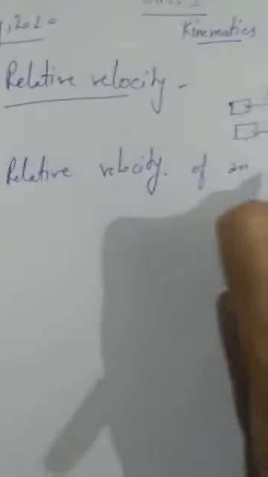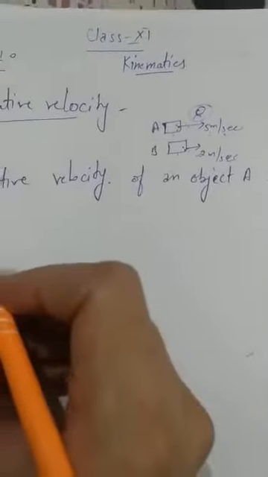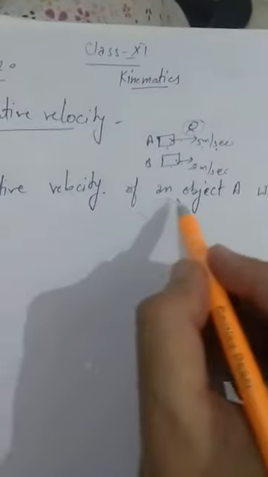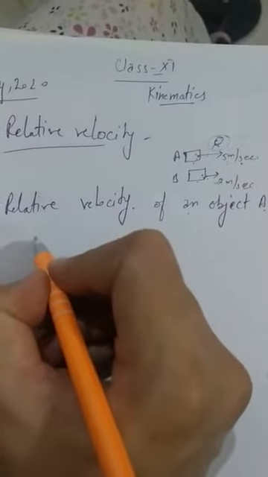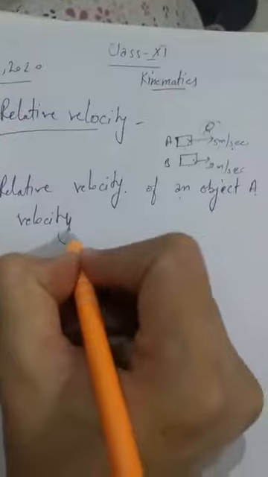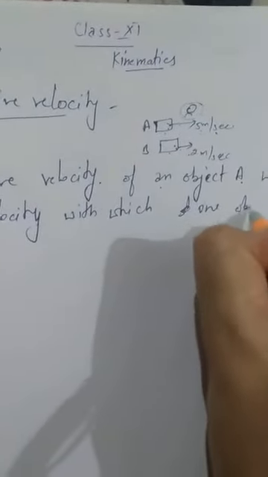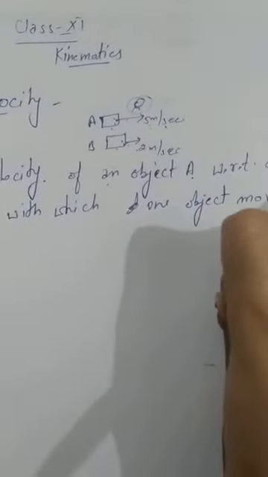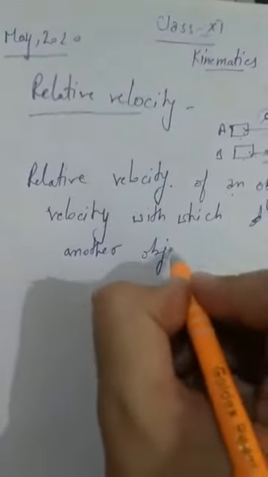So the relative velocity of an object, let this be object A and this object be B, then object A with respect to object B. The relative velocity of object A with respect to object B is the velocity with which one object moves with respect to another object.